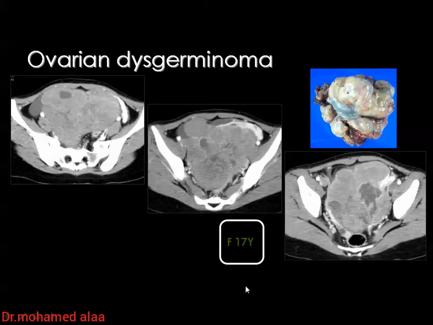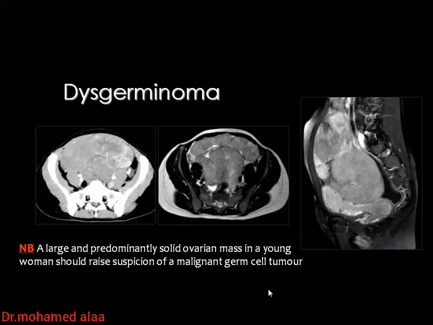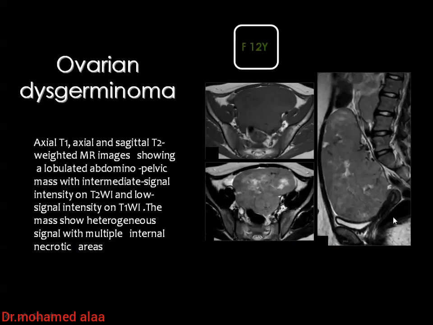And these are the two main criteria that can help you to suspect the possibility of a germ cell tumor or germinoma. Like this one is a very big lesion in the pelvis extending into the lower abdomen, and this is a female 12 years old with a huge solid mass extending into the lower abdomen.